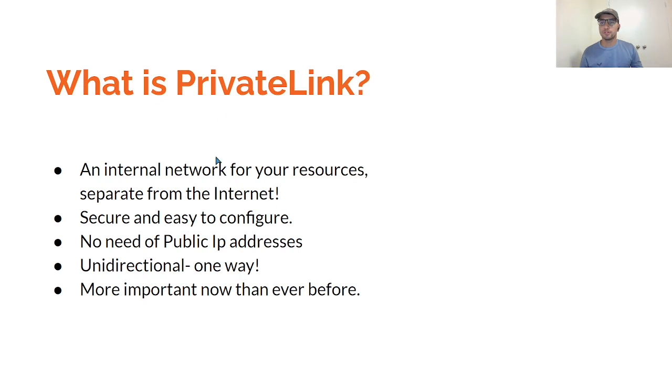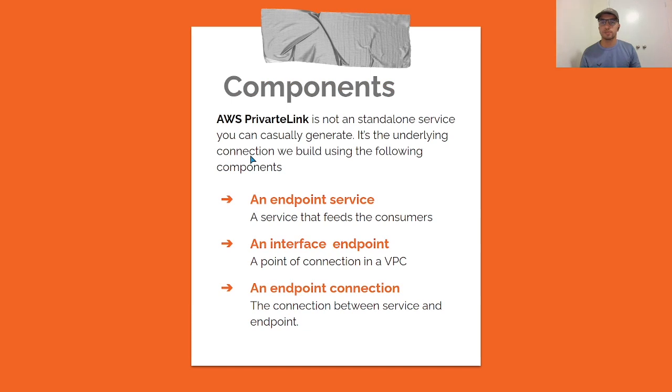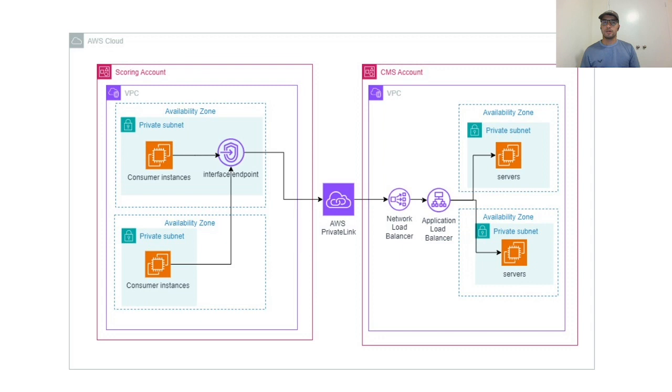So before explaining these points, I want to go ahead and show you guys the architecture of how AWS PrivateLink works. As you can see, we have inside the AWS cloud a couple of AWS accounts, and inside them we have different VPCs, and inside that it is a simple client server architecture where the clients are living on the consumer instances and the servers are here in the, let's say, producer instances.